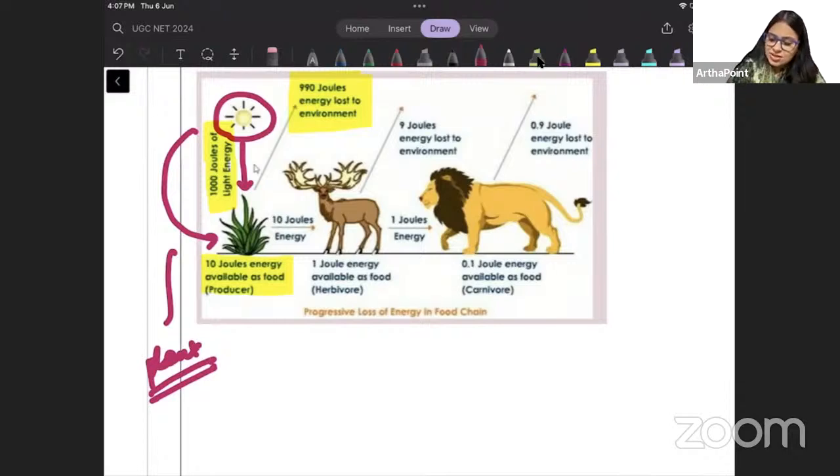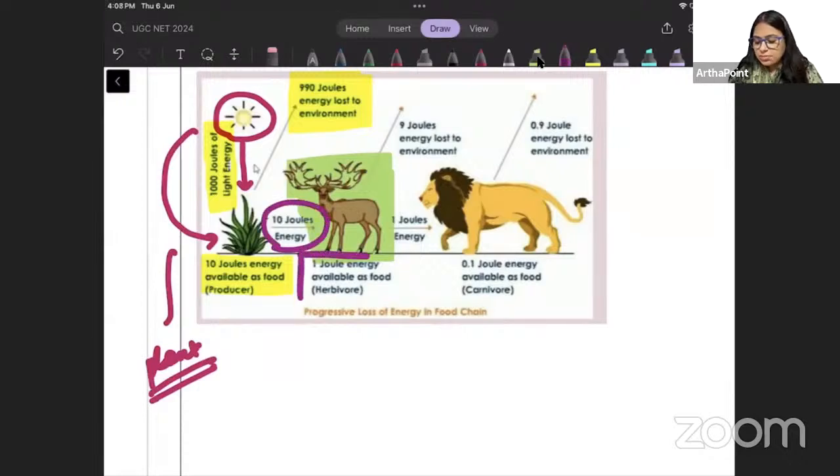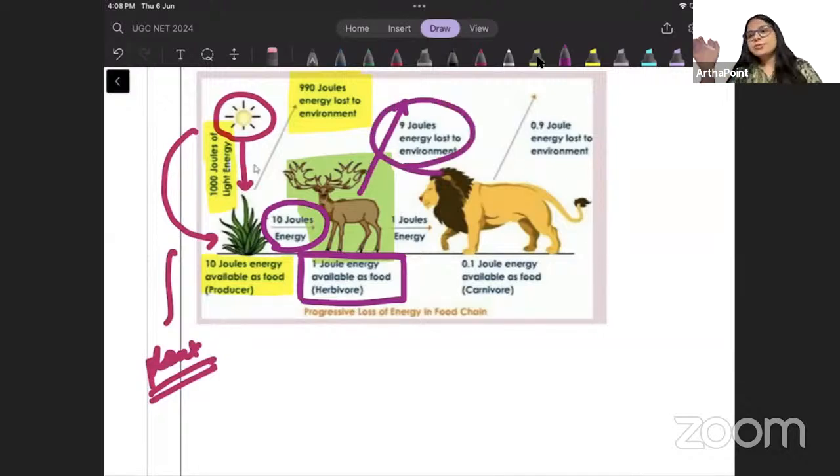Now, once the plant has processed this, photosynthesis का process हुआ, it is creating food for itself, plant ने oxygen generate किया, everything happens. Then, after this, when the next animal takes the energy from the plant, वो 10 joules में से it will only be able to process 1 joule of the energy और बाकी 9 will be lost into the environment.